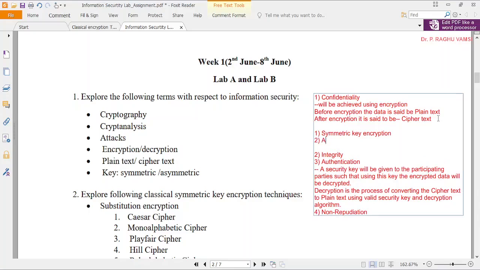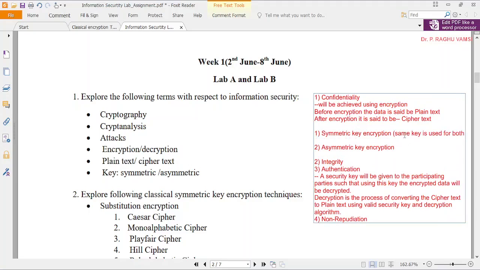Second one is asymmetric key encryption. Symmetric key is nothing but for the encryption and decryption process, we use the same key. The same key is used for both encryption and decryption.